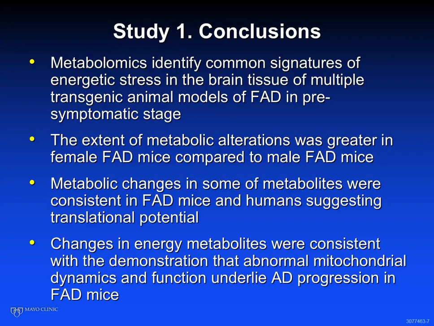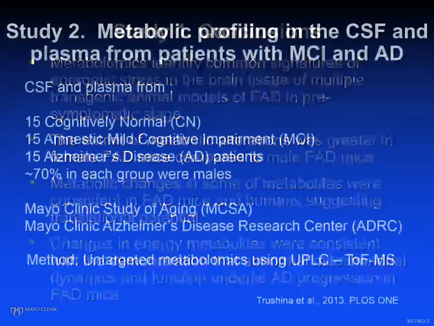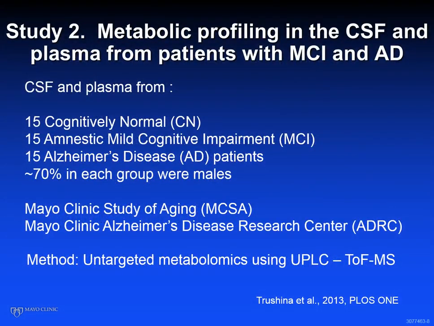The extent of metabolic changes was more pronounced in females. Metabolic changes were consistent with changes detected in humans, and the metabolites that were used to look at changes in patients suggest translational potential. And these changes were all leading to abnormal mitochondrial function.